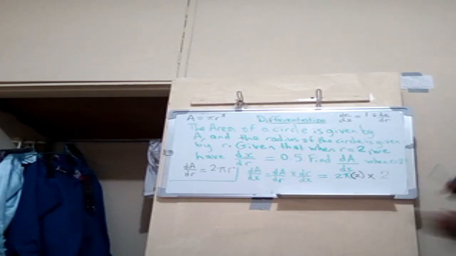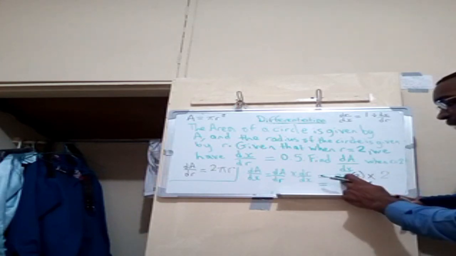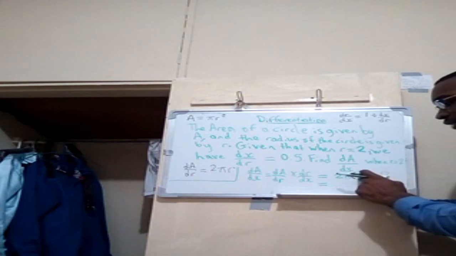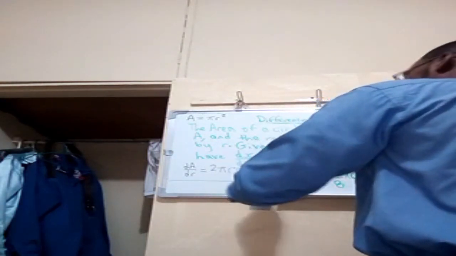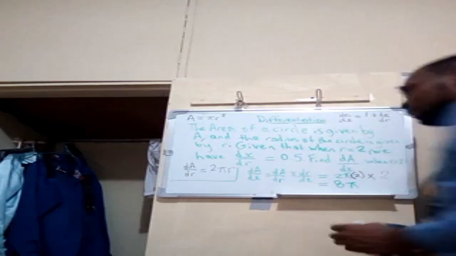And so dA by dx works out to be 2 pi times 2 times 2. 2 times 2 is 4, 4 times 2 is 8. And so dA by dx works out to be 8 pi.